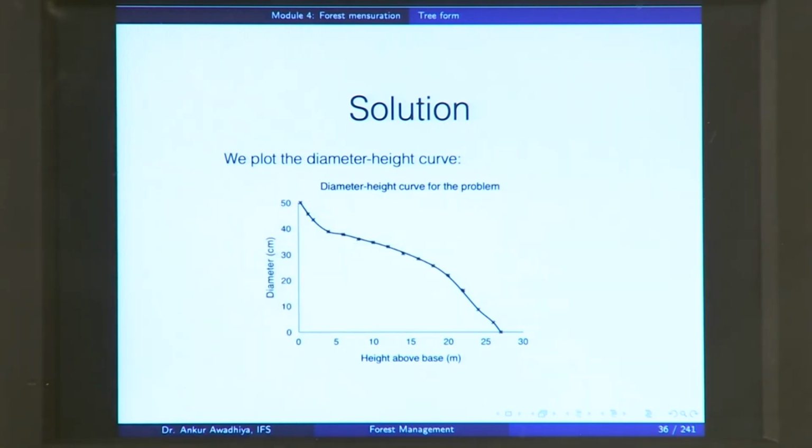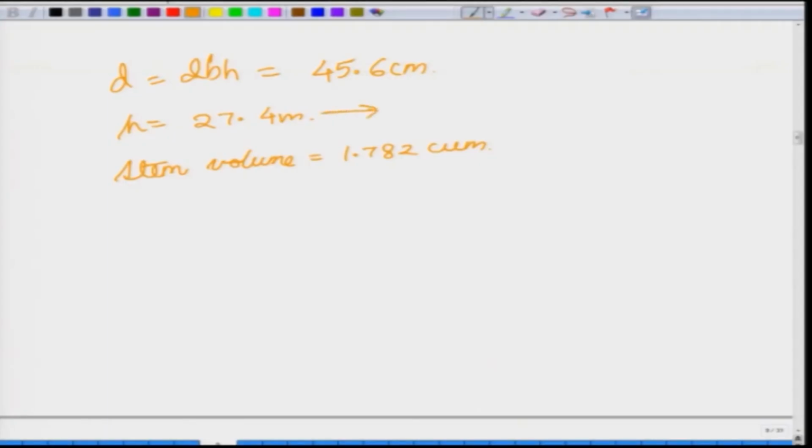Now, in this case the height is 27.4 meters, which will give you that 0.1 h is given as 2.74 meters, 0.5 h is given as half of this, that is 13.7 meters.